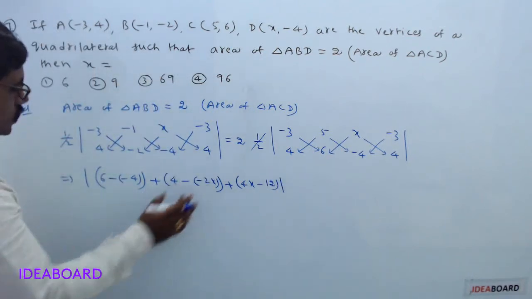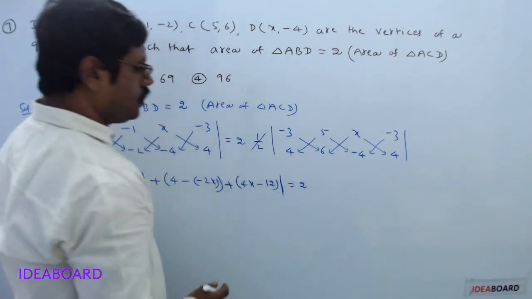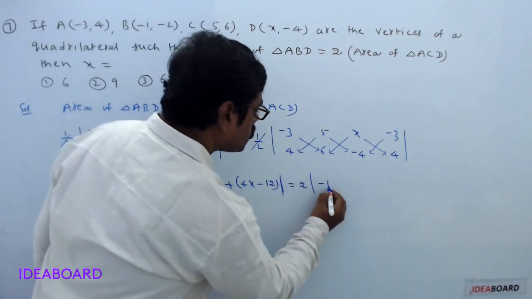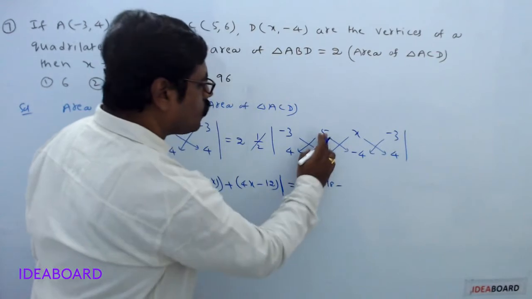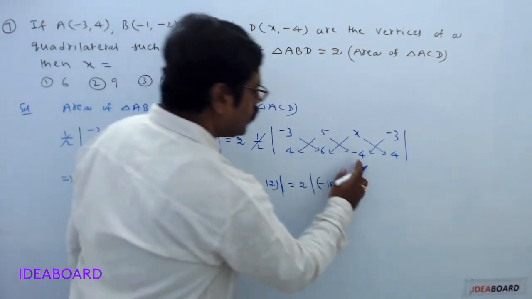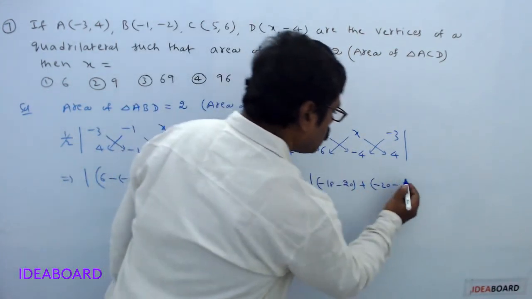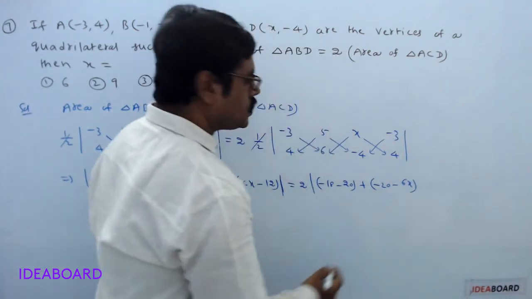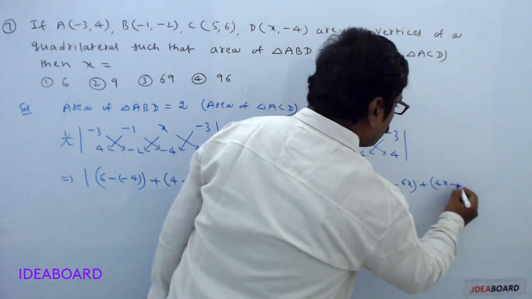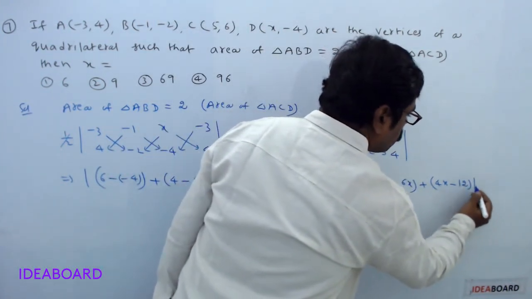Now this is the value of LHS part equals to 2 into, now simplify this format, minus 3 into 6, minus 18, minus 5 into 4, 20, plus 5 into minus 4, minus 20, minus x into 6, which is same as 6x, plus this is a 4x minus minus 3 into minus 4, 12.